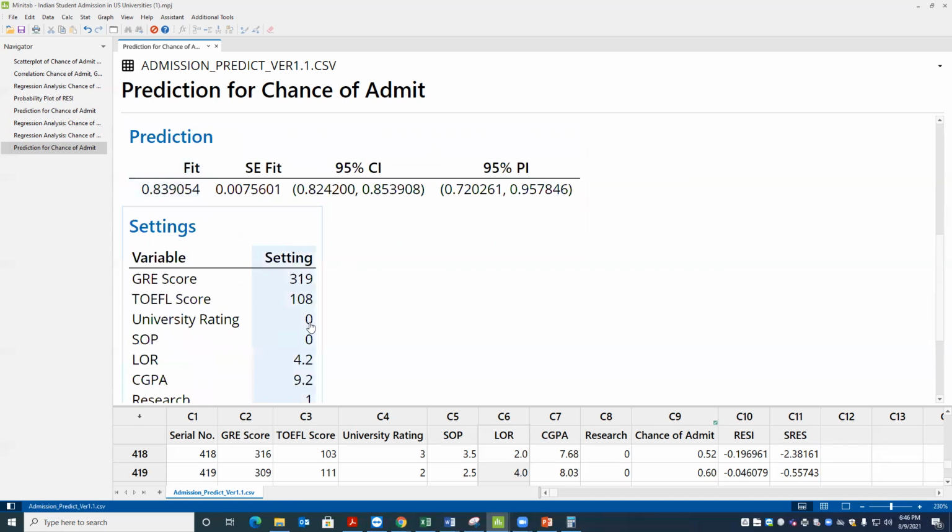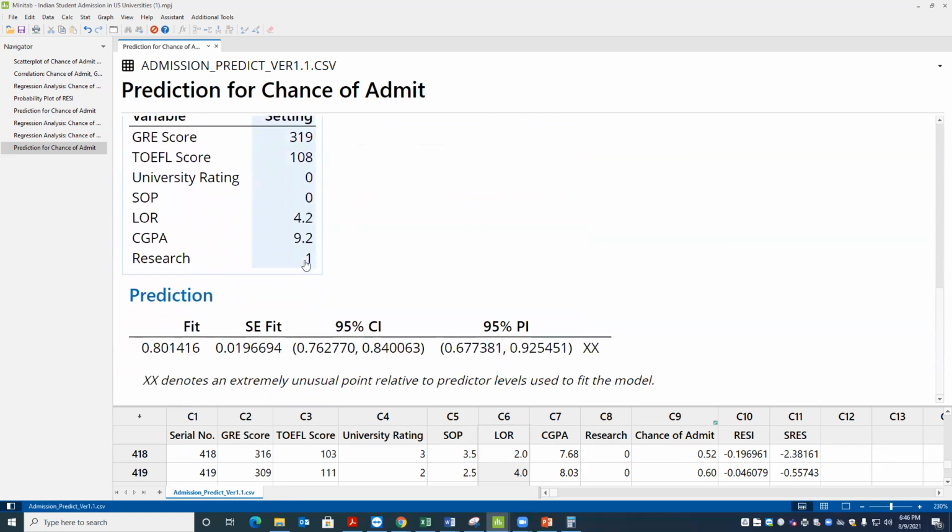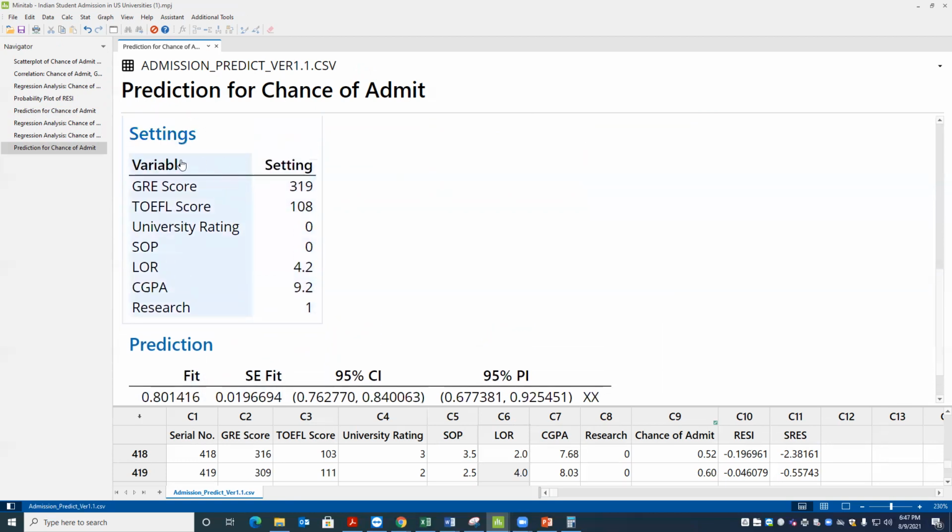However, when I made these two variables 0 in the equation, the chance of admission is 80%, so only 3-4% difference. This means university rating and statement of purpose are not contributing significantly in the model.